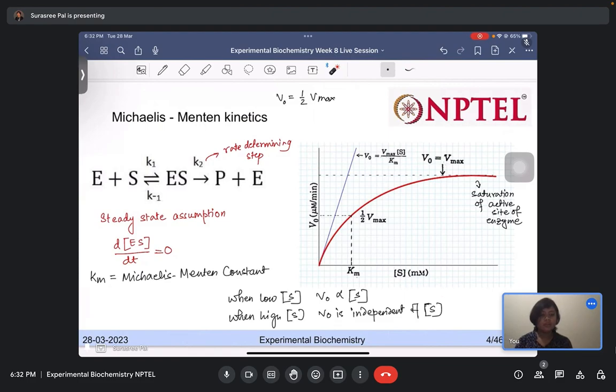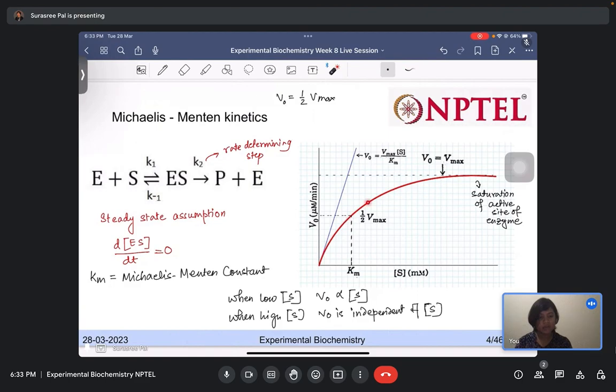And here we see that when there is low substrate concentration, the velocity of the enzyme, or V0, increases. But at greater substrate concentration, what happens?